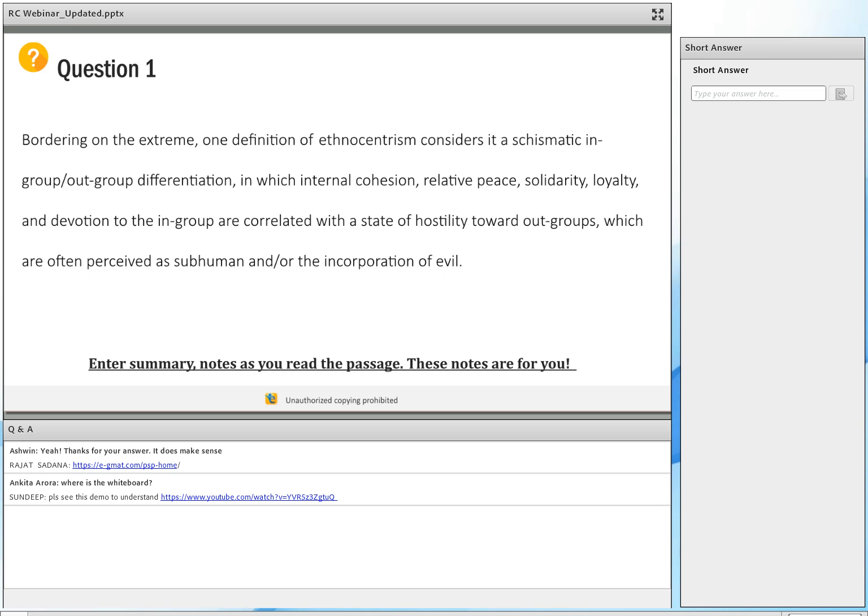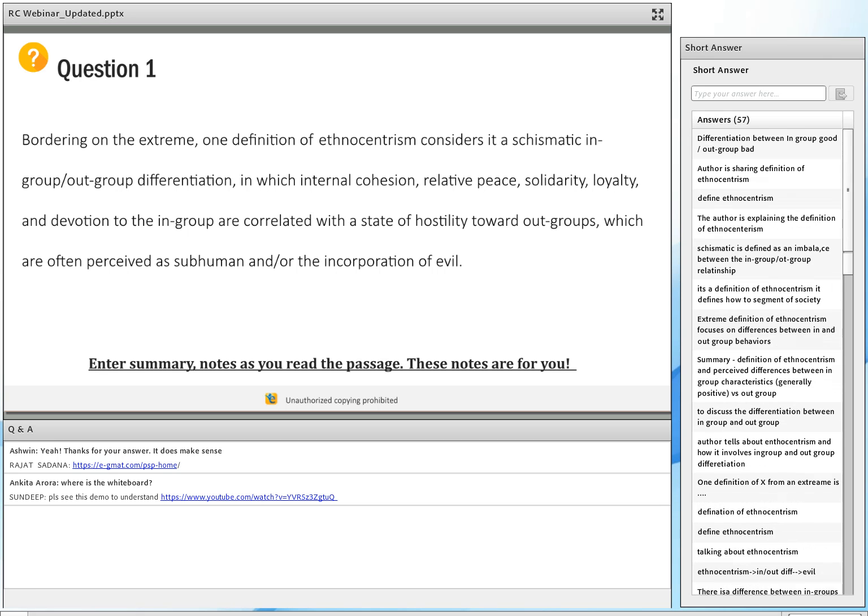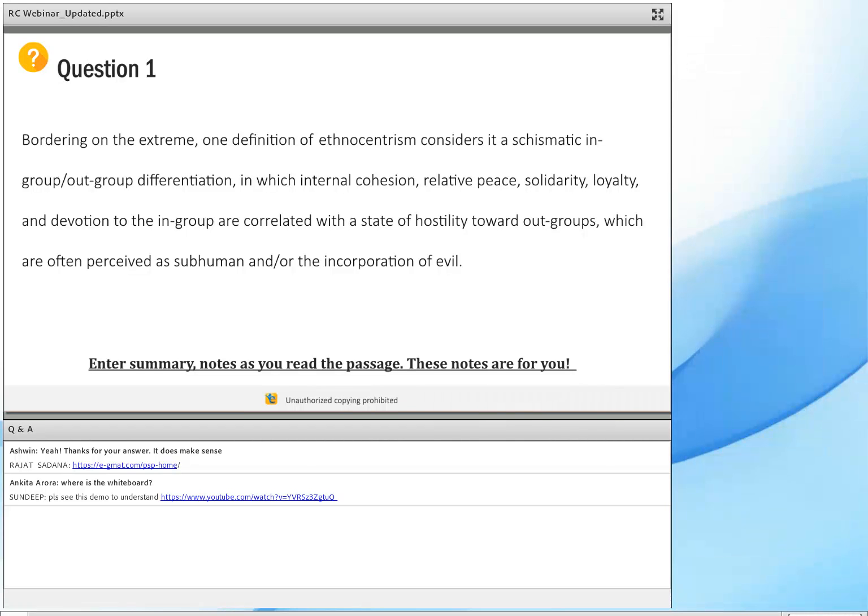Let's see a few more summaries. I want to get about 25 summaries. 34 summaries, and I'm going to broadcast these results, and you can really see what they are, and then we're going to come back to this.